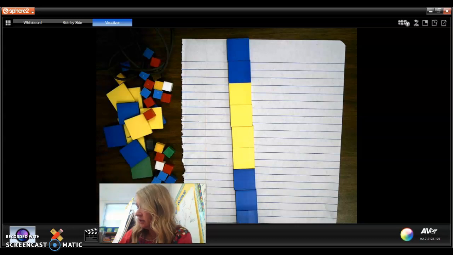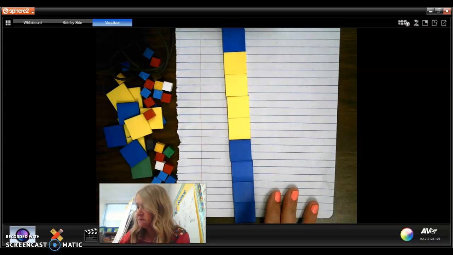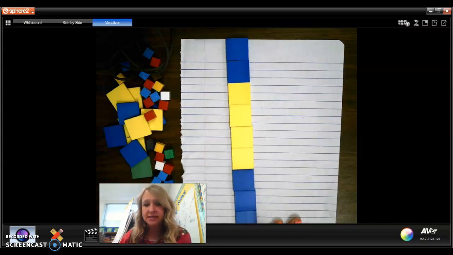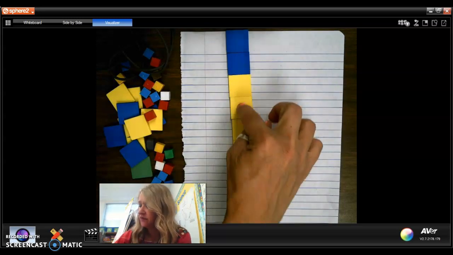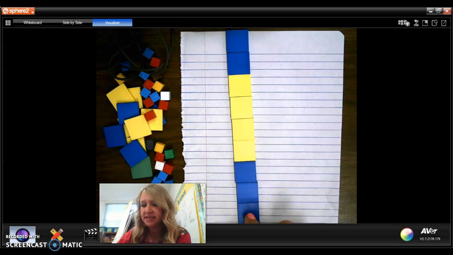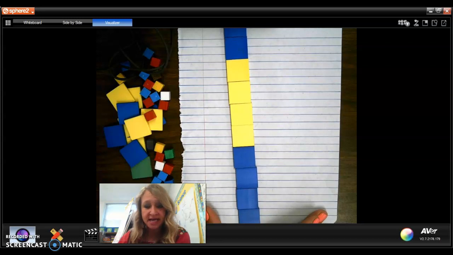I have a little bit of space down here, so I'm going to put another one, even though it goes just a little bit over. So how many square tiles did I use? 1, 2, 3, 4, 5, 6, 7, 8, 9, 10. There are 10 square tiles. The paper is 10 square tiles long.